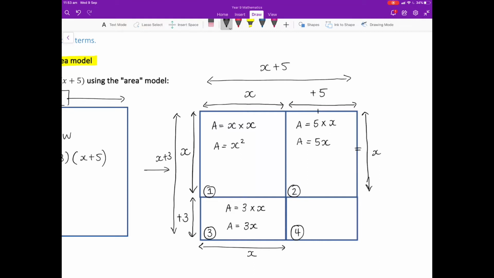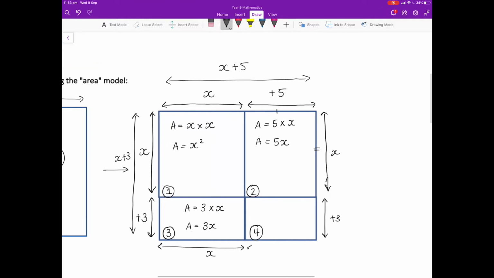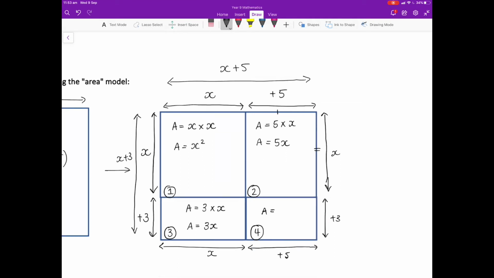And then for shape number 4, we know this here has a length of 3, and we know that has a length of positive 5. So finding the area of that, we'd do 3 times the 5, and that will give us a total area of 15. Now we need to find the total area of this particular rectangle.